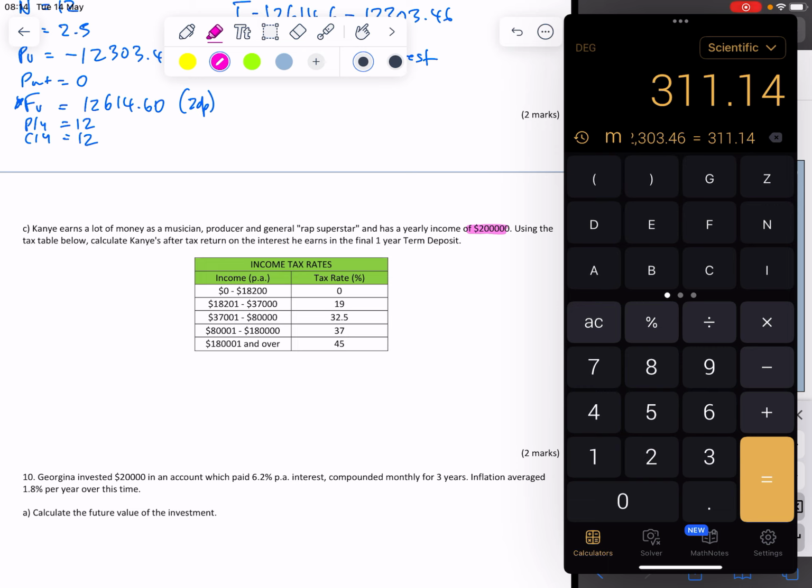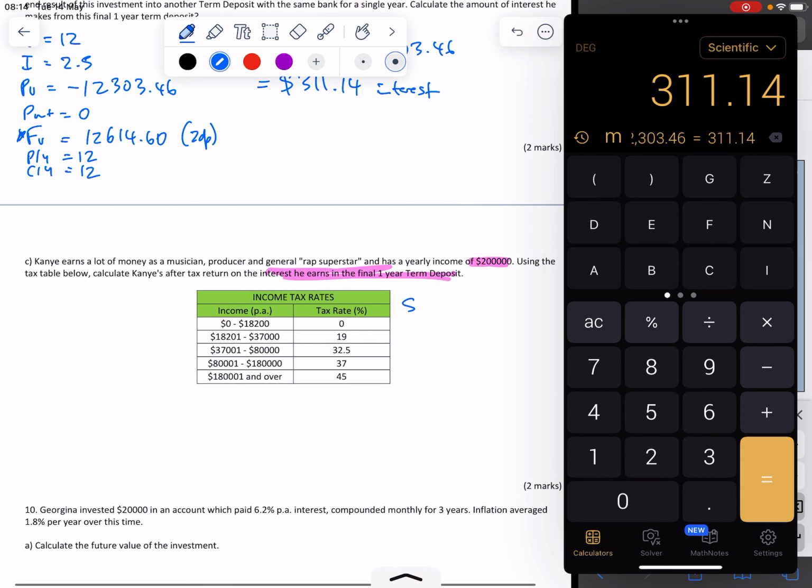So we know he earned $311.14 in interest. I want to see how much tax that is. To know the tax, we need to know what his income is. So he makes $200,000, but he also earned $311.14 interest. What tax bracket is that?